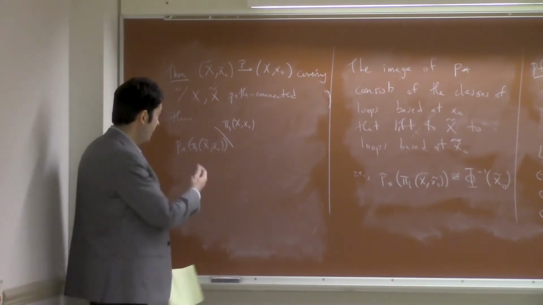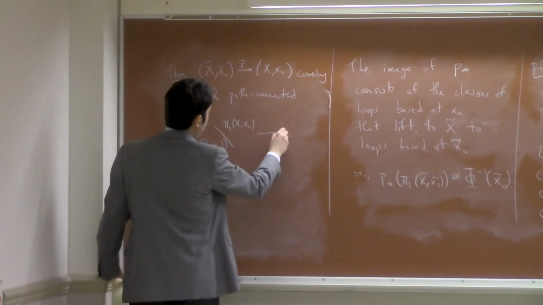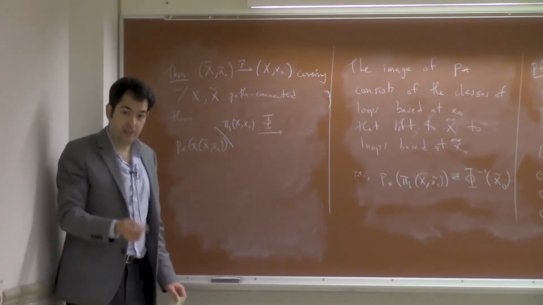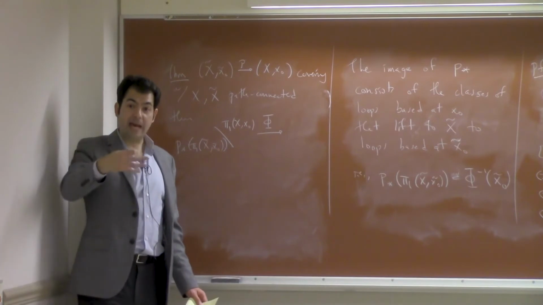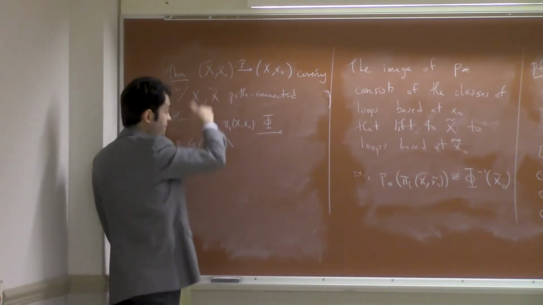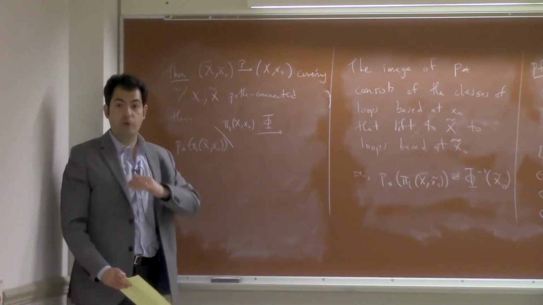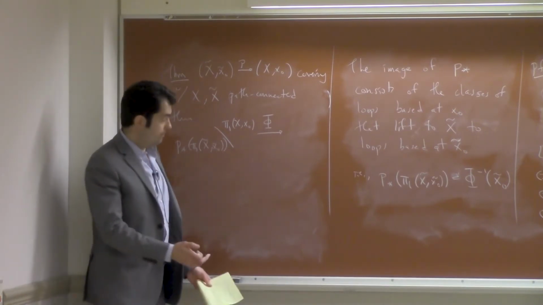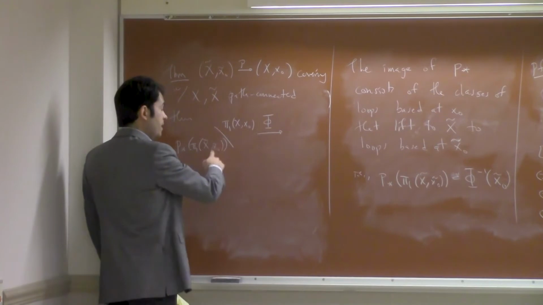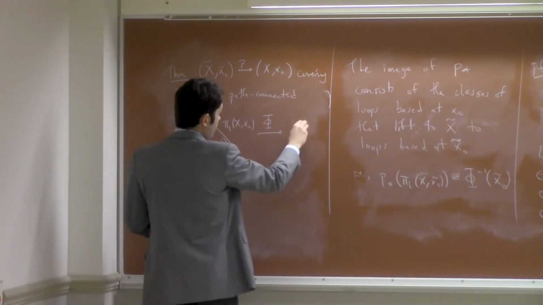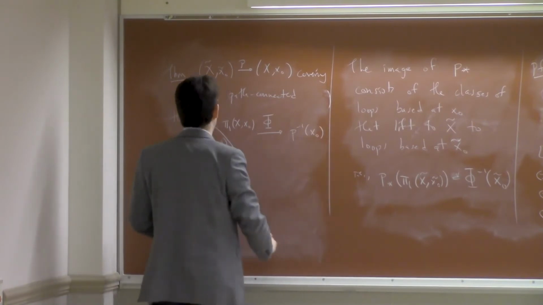But I can look at the cosets, and it turns out that our lifting correspondence, which remember just takes a loop, lifts it up to a path with a fixed base point, and then notices what the endpoint of that path is, is well defined on these cosets, and lands you here.